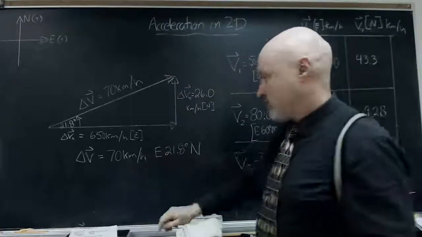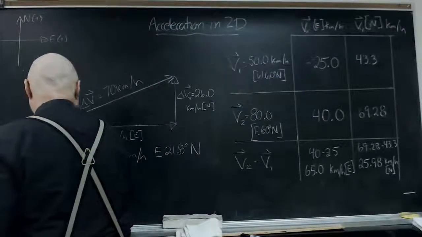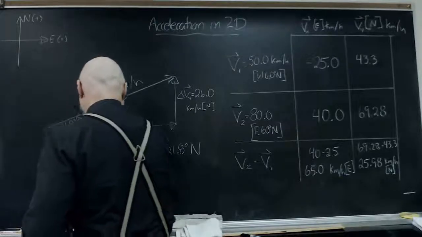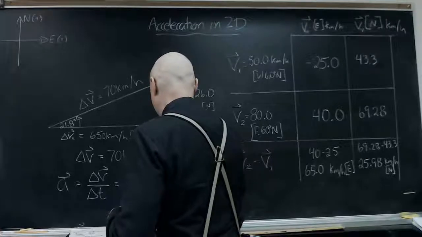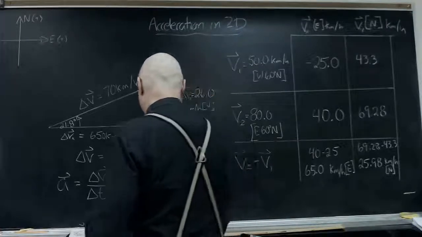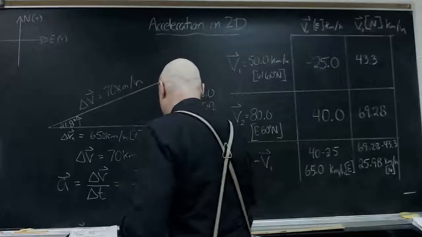That's my change in velocity, and I know that my acceleration is change in velocity over change in time, and so this is 70 kilometers per hour east, 21.8 degrees north, divided by 0.25 hours.